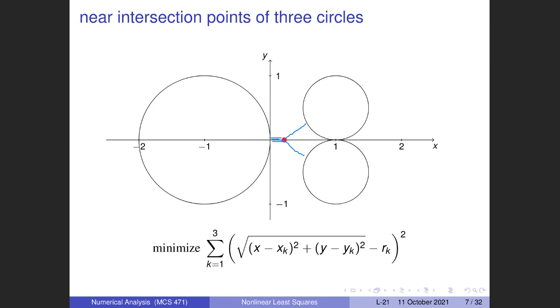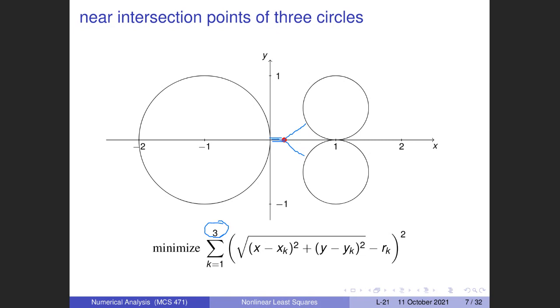If we look at one equation, every point on the circle will satisfy this. But we have three equations, and the three circles are separate from each other. So we can see that there cannot be a real point that will lie on all three circles.